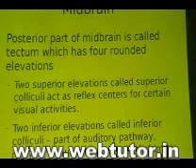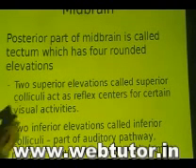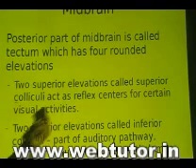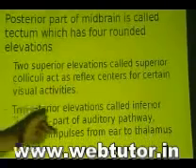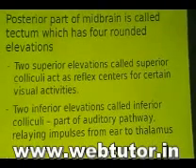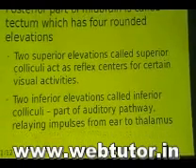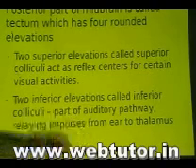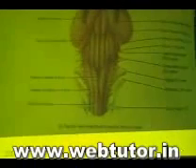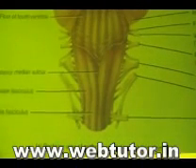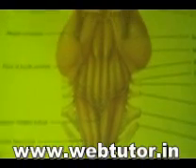The whole pathway is called a reflex. So the superior colliculi are a reflex center for visual activities, and the 2 inferior elevations, the inferior colliculi, are part of the auditory pathway, relaying impulses from the ear to the thalamus. Inferior and superior colliculi. Is that clear?